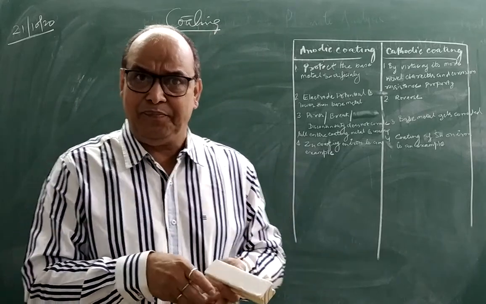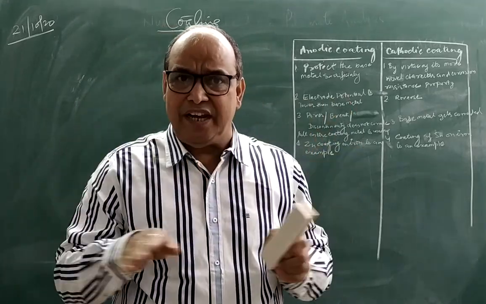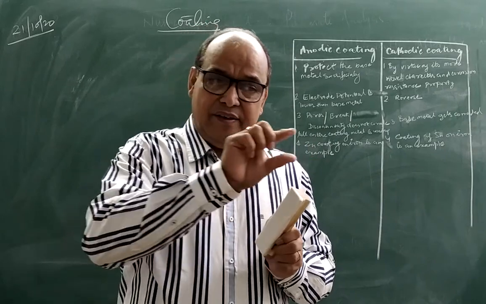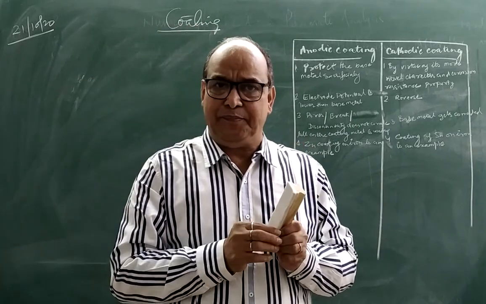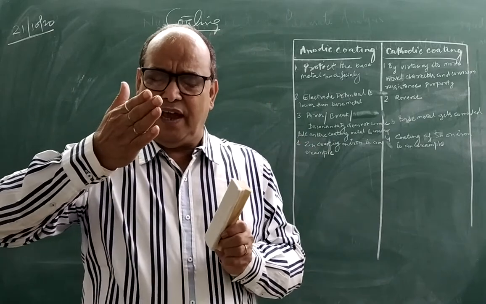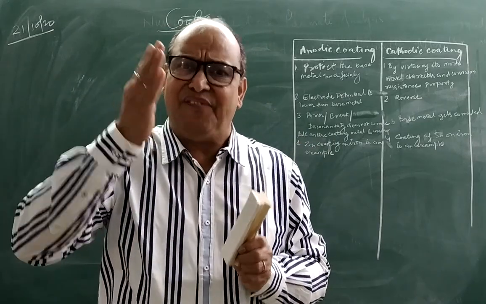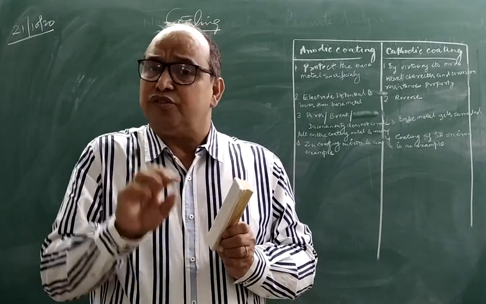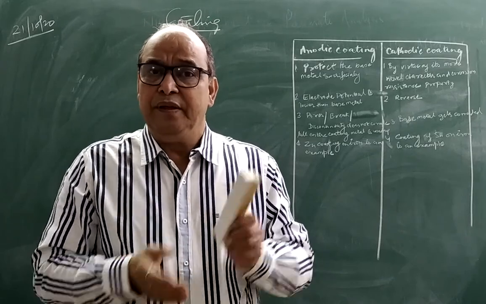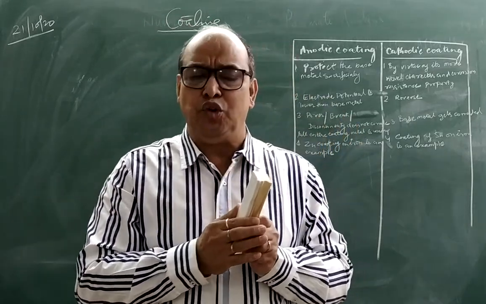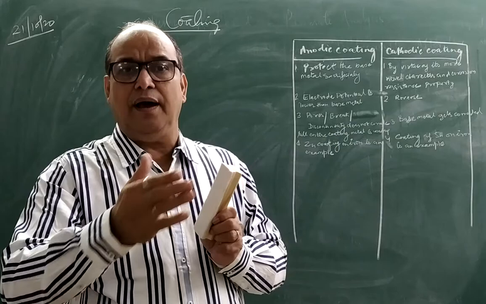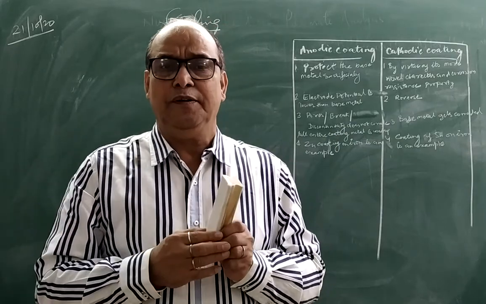Please remember, suppose it is a metallic structure made of iron and a zinc coating is applied. If there is any crack or fracture, some part will become exposed. Your zinc will become anode, and the exposed area will become cathode.